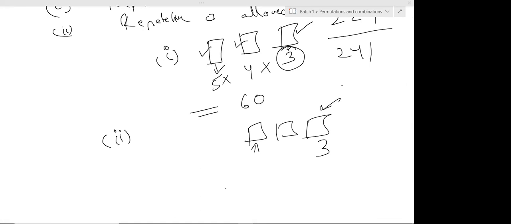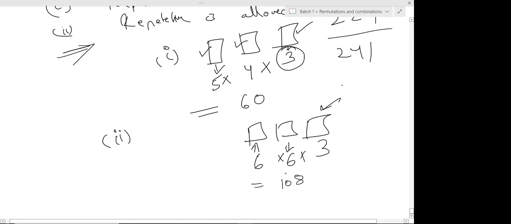But total we have 6 numbers, right? And repetition is allowed in the second part. So here 6 ways to fill. In the second box also 6 ways. So this is 108. Clear? Gautam, Ashma, Arsalan, Abdul.